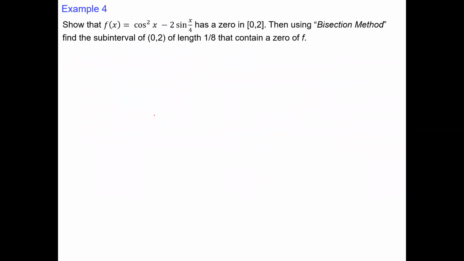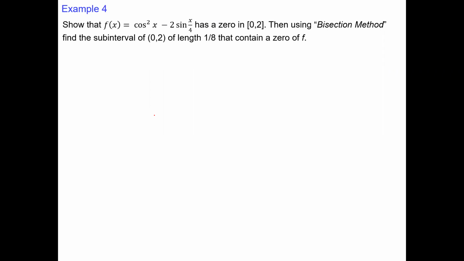Let's look at this example. We might use the calculator for this because it's a good use of the intermediate value theorem. Show that the function f of x equals cosine squared of x minus 2 sine of x over 4 has a zero in the interval between 0 and 2.